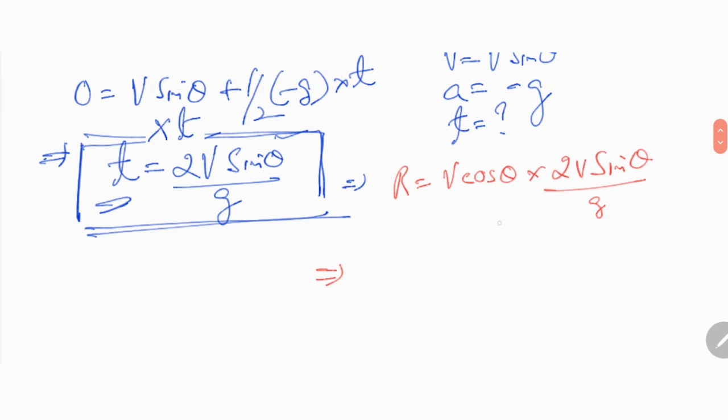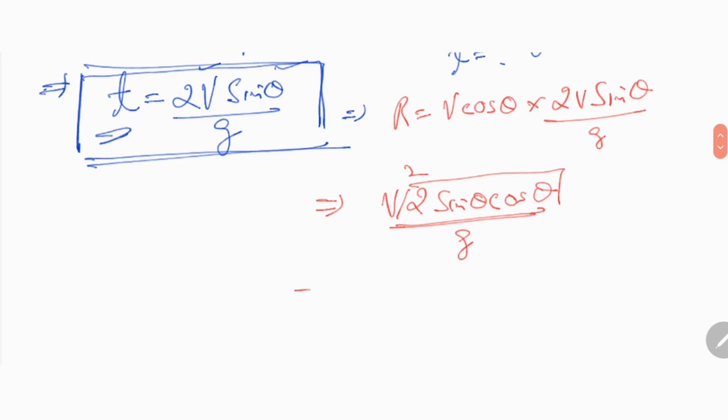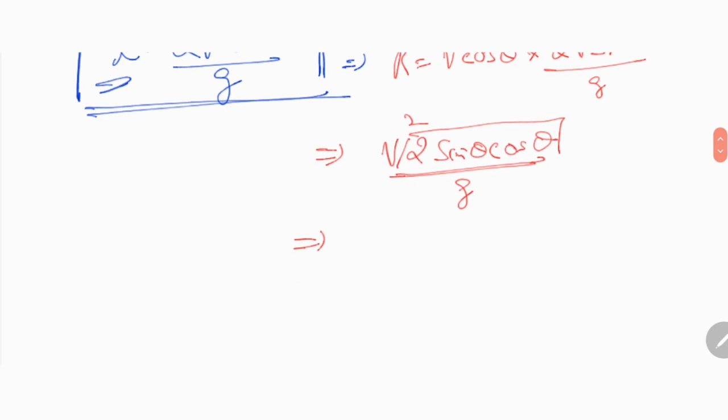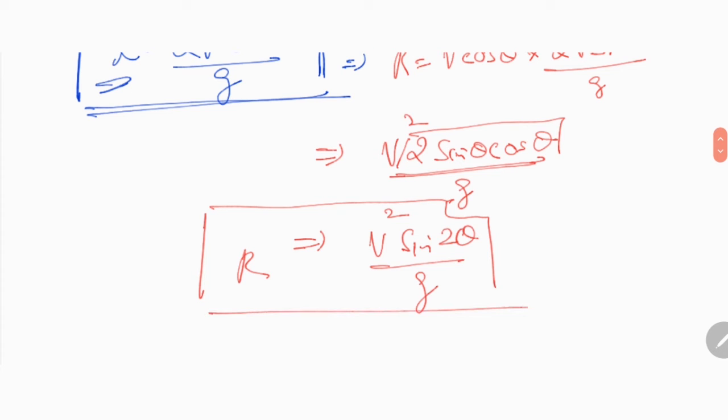We can write this as v square 2 sine theta cos theta by g, right? Therefore this implies v square sine 2 theta by g, and this is your range, right?